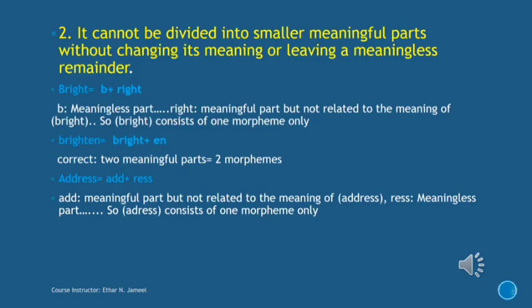If we divide the word brighten into bright and en, you will notice that bright is a meaningful part. En is also a meaningful part. Bright means shining, and brighten means to shine.